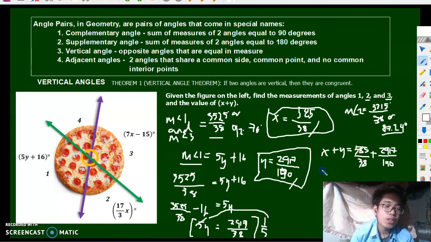So what we can do is add the two values, x plus y. That's going to be 585 over 38 plus 2917 all over 190, so that we can get the value of x plus y.